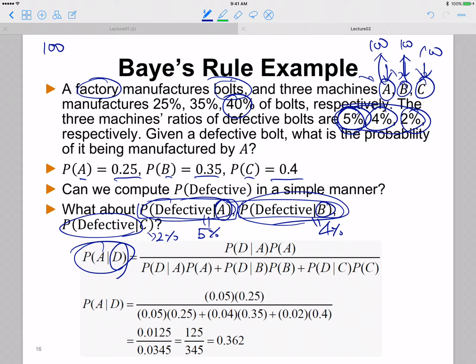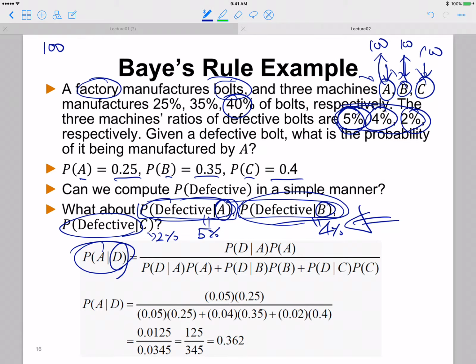Okay, and this situation is actually a twisted situation because we only know that this bolt is defective, and we have to consider the probability that it was manufactured by the first machine. But naturally, in terms of the order of these events occurring, we first choose one machine among these three machines, A, B, and C, and once a particular machine is fixed, we can only consider its defective probability.